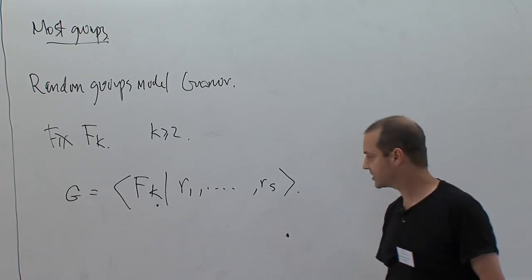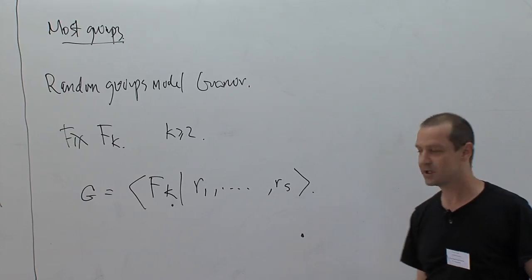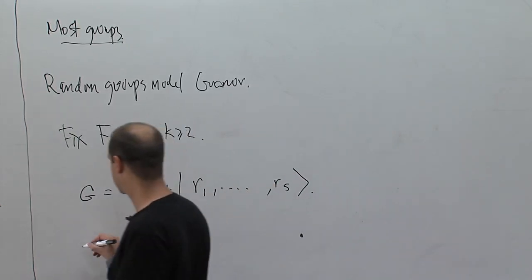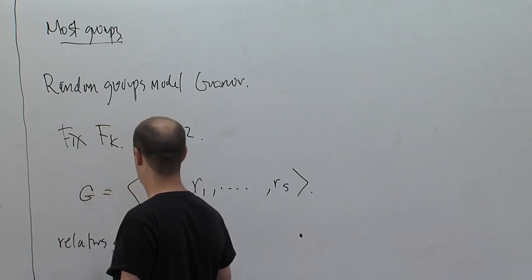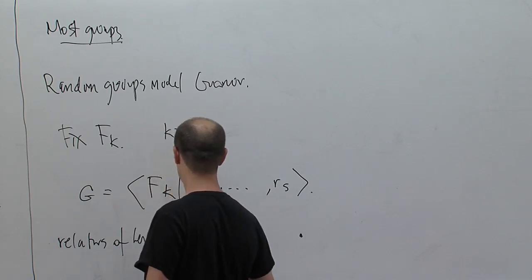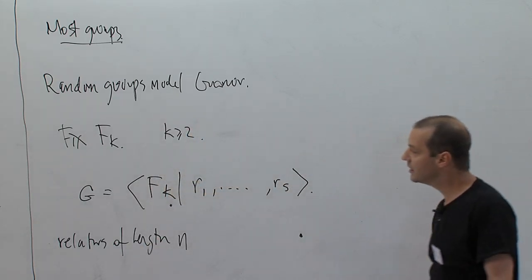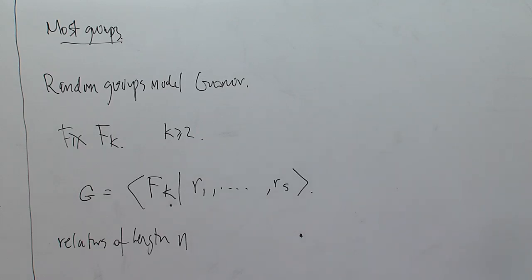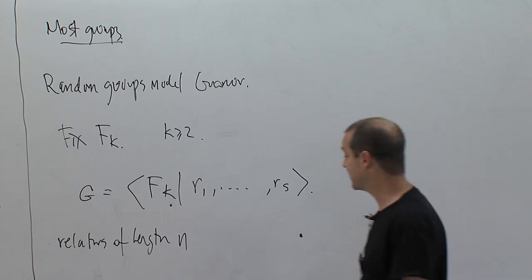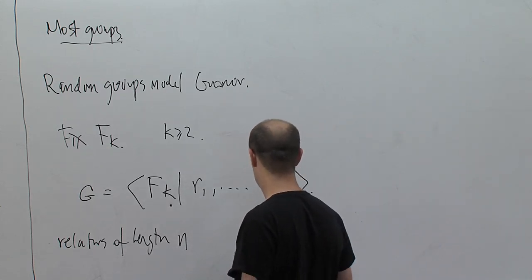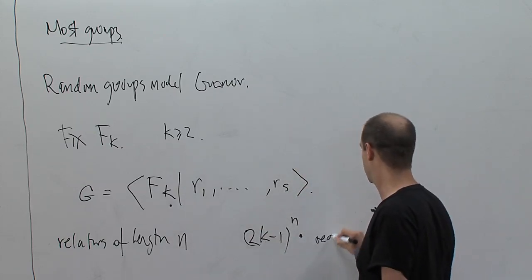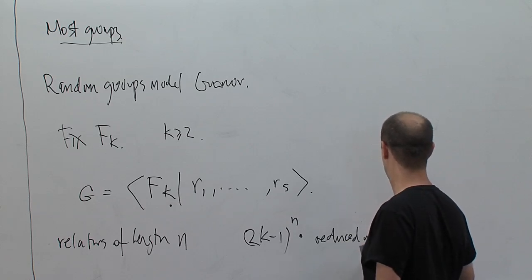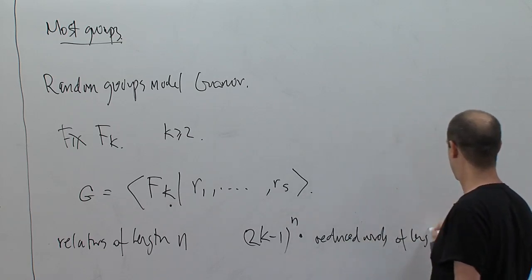The first thing is to say, how long would you like the relators to be? So if you want to look at relators of length n, in a free group of rank k with a free generating set, there are approximately (2k-1)^n reduced words of length n.